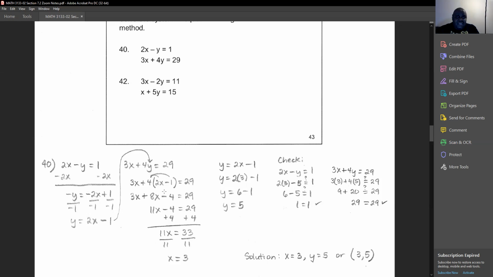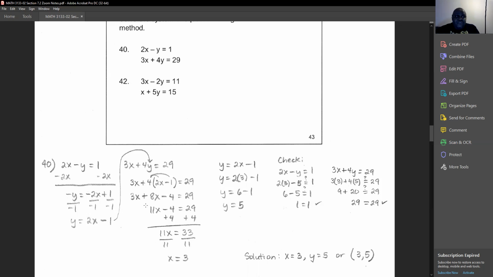Notice it's in parentheses. And then that's going to be equal to 29. Now I can simplify the left-hand side. So I bring down the 3x and distribute the 4 over the 2x minus 1 through multiplication. So here I get 4 times 2x, that's 8x. And then 4 times minus 1 will be minus 4. So I get 3x plus 8x minus 4 equal to 29.